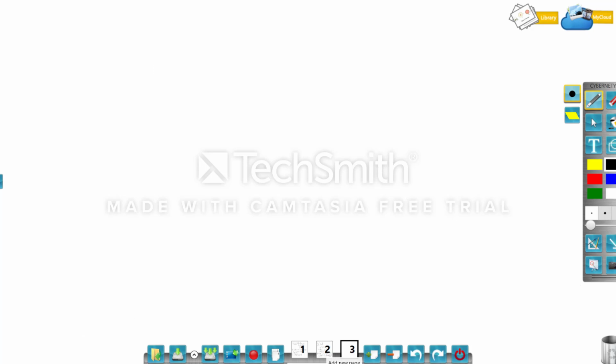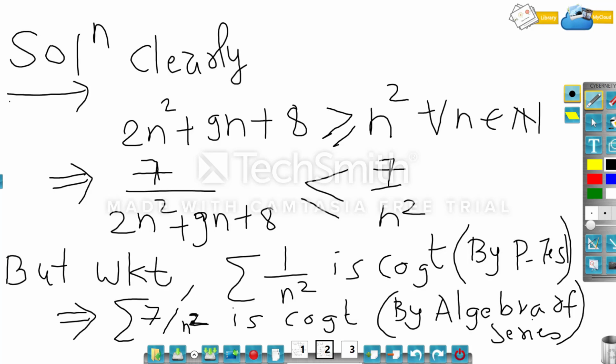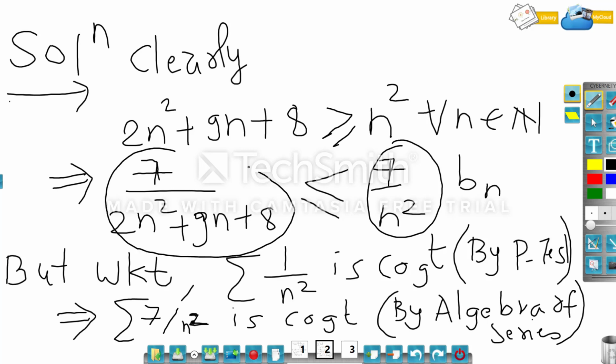So we could see in the previous slide, this is basically my Bn, this is my An, and the series Bn is convergent, because we have seen that the series 7 upon n square is convergent.